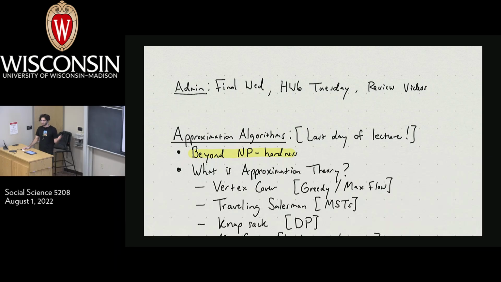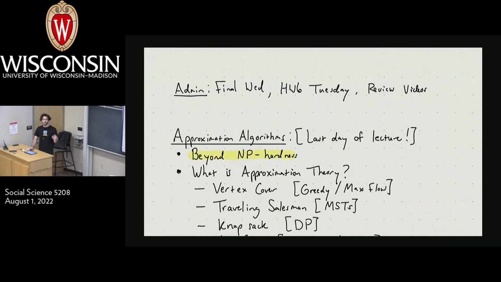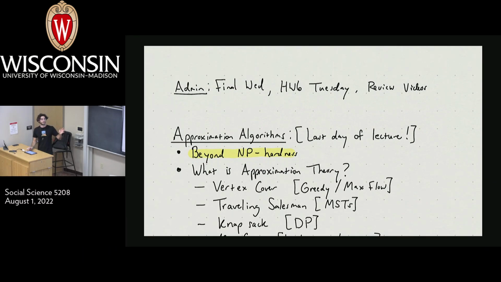Similarly, there's a bunch of algorithms in the book that I covered most of them, but there's things in the book or in the videos that weren't covered in lecture, and you can always cite those. Just say, I'm using this algorithm from a video or from the book.